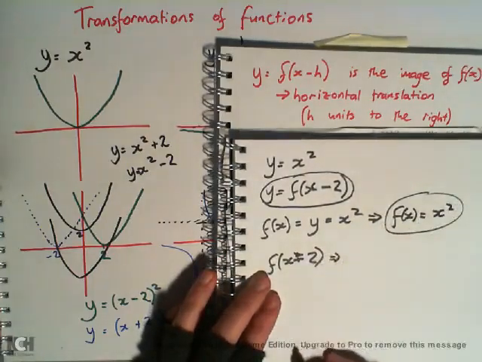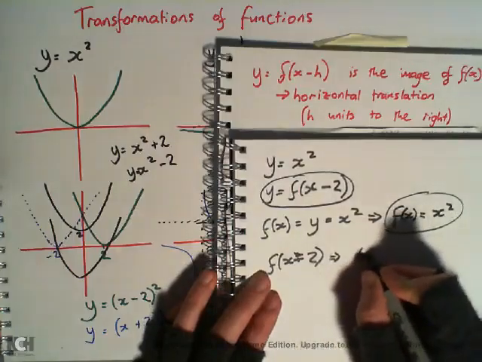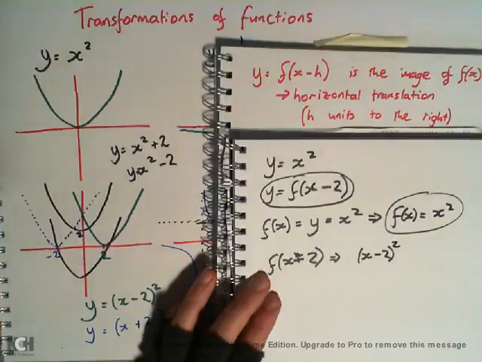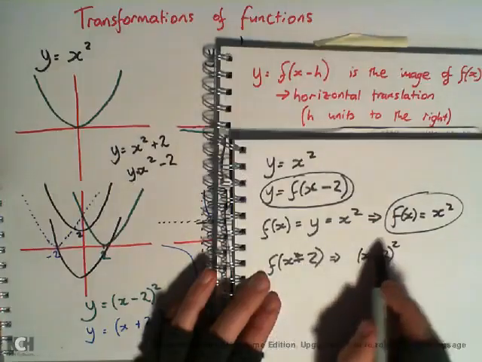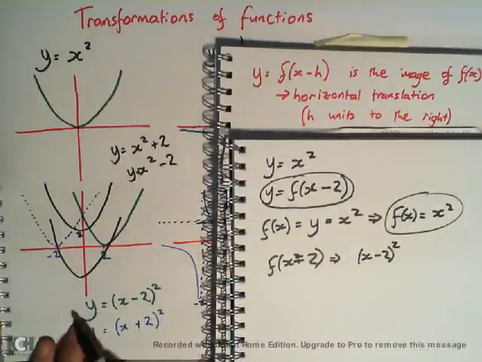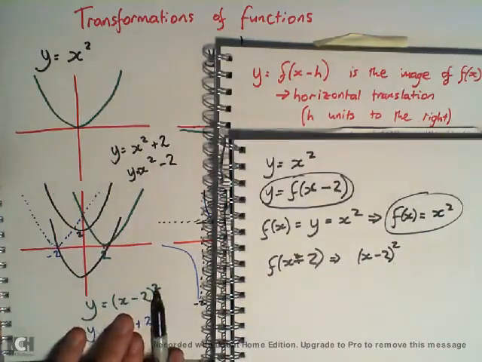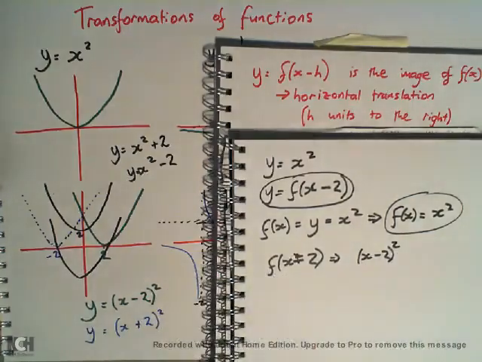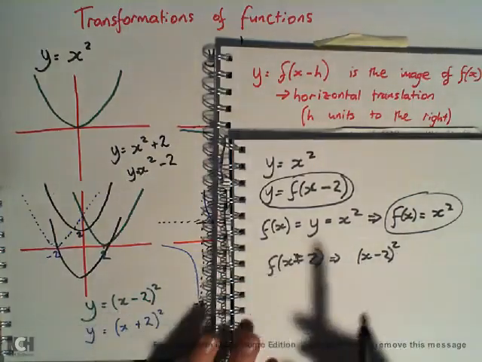Okay, f of x is x squared, so I say x take 2, that's what my x is. Now that's being squared, and that's where it comes from. Okay, y equals x take 2 squared. This is what we have. A little bit complicated.